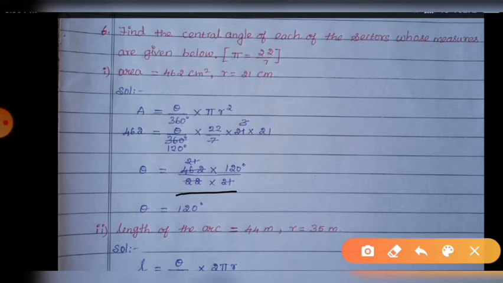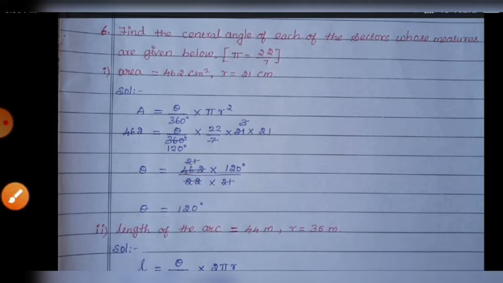Using the 22 table, 2 22s are 44 and remainder 2 carries 22. 22 table how many times? 1 time, that is 21. 21 and 21 get cancelled. What is remaining? 120. So theta is equal to 120.